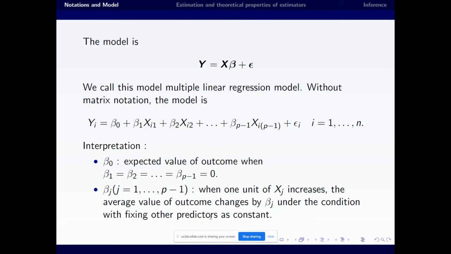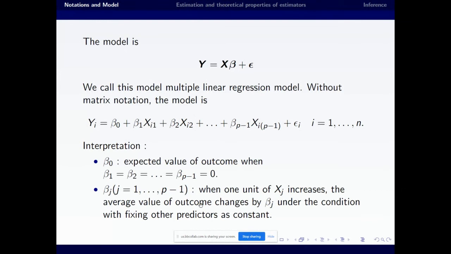However, in this multiple linear regression model, we have multiple predictors, so you have to control for the effect of the other predictors. So we interpret it by fixing the other predictors as constant, and when xj increases by 1 unit, the average value of the outcome changes by beta j.